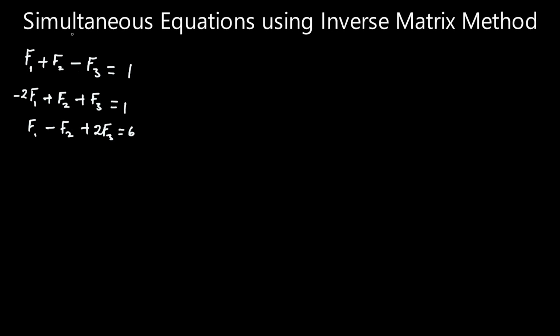Now, keeping in mind that we are solving using the inverse matrix method, we'll need to form a matrix out of these simultaneous equations, and we'll just pick the coefficients of F1, F2, and F3 in the entire set of equations. The coefficient of F1 is 1, so we have 1.